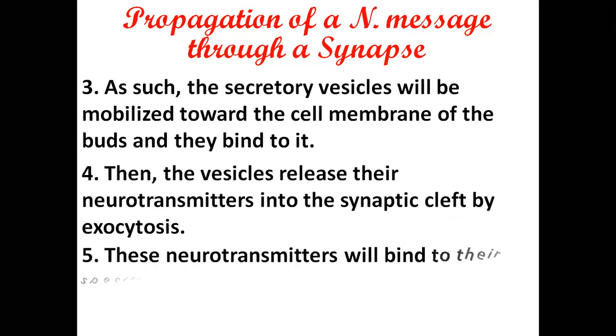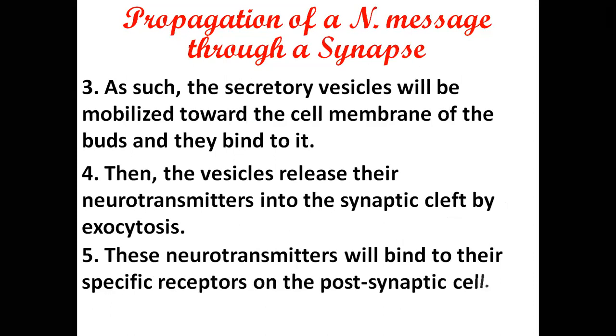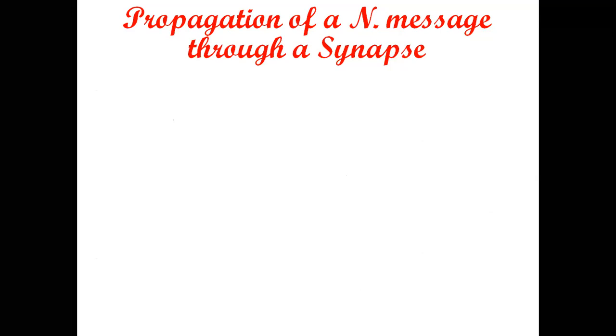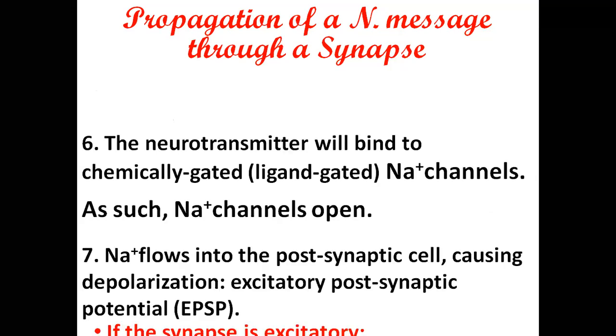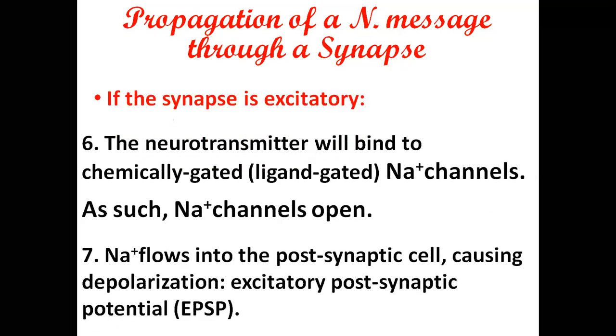Number five, these neurotransmitters will bind to specific receptors on the postsynaptic side. First, if the synapse is excitatory, what will happen? The neurotransmitter will bind to the chemically gated Na plus channels.